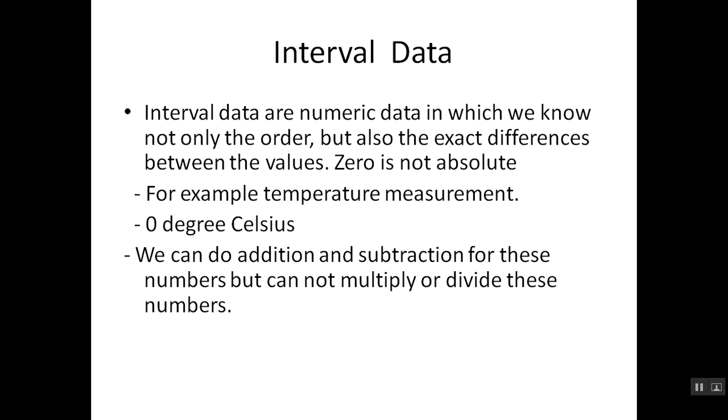So in case of interval data, we find the exact difference between the data. We can add them, subtract them, but we cannot divide or multiply them, because 0 is not absolute.